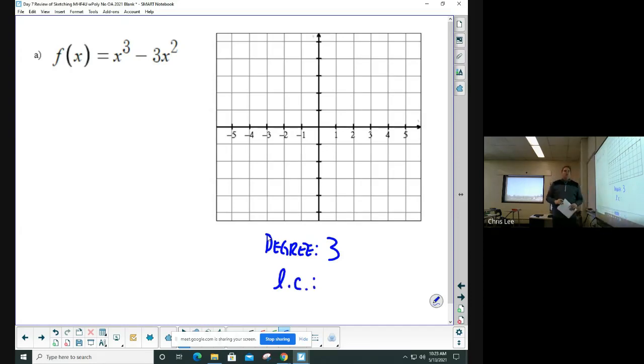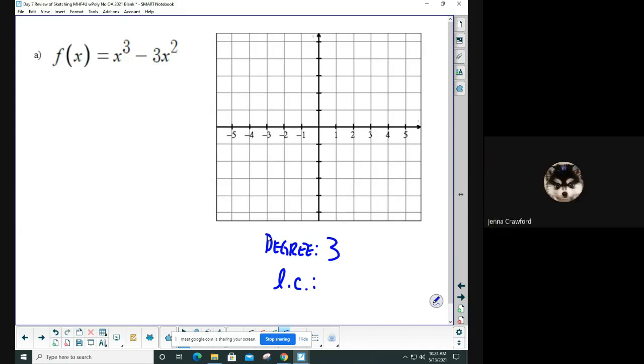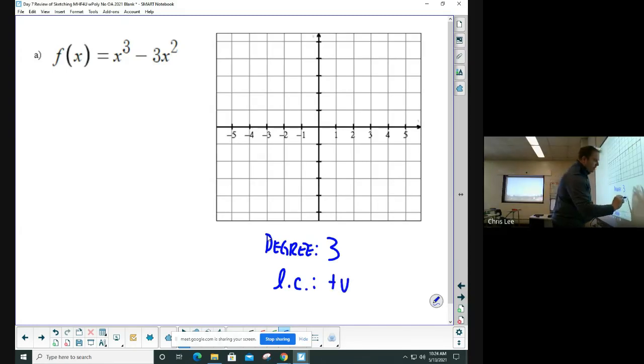So the leading coefficient, all we cared about is whether the leading coefficient was positive or negative. And in this case, the leading coefficient is? Positive. Right. If the degree is 3, we look at the exponent that has that degree, and the leading coefficient here is just 1 or positive 1. I don't care that this part is negative, it's not the leading coefficient, it's not the degree.